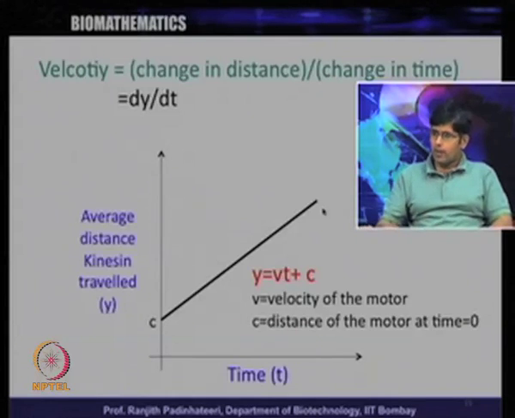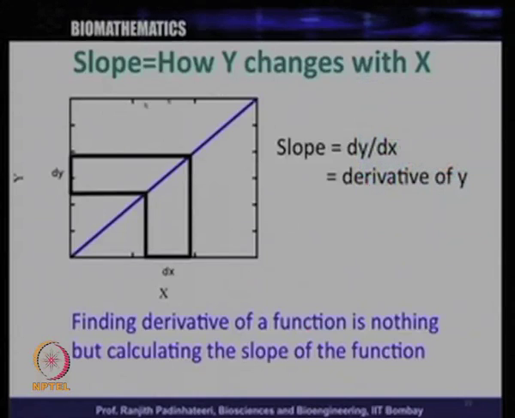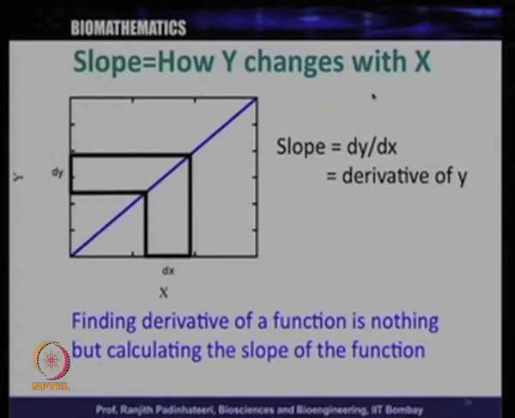So, let us look at what slope is. The slope is nothing but how y changes with x. If we have a small change in x, dx, how much will y change? Let us look at this graph carefully. You start from this value of x and the corresponding y value is this.